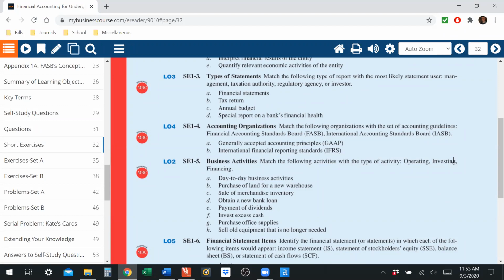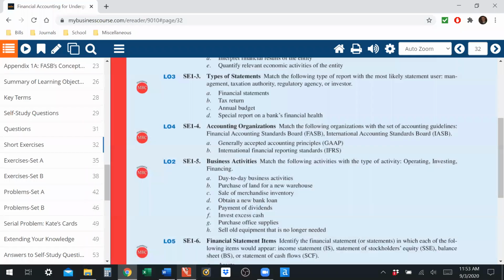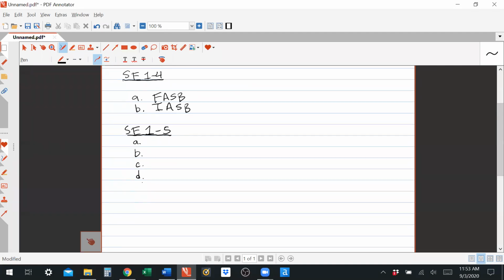So let's work through SE 1.5. And we have A through H. They're going to give a little description of something, and then you decide whether it's either operating activity, investing activity, or financing activity.